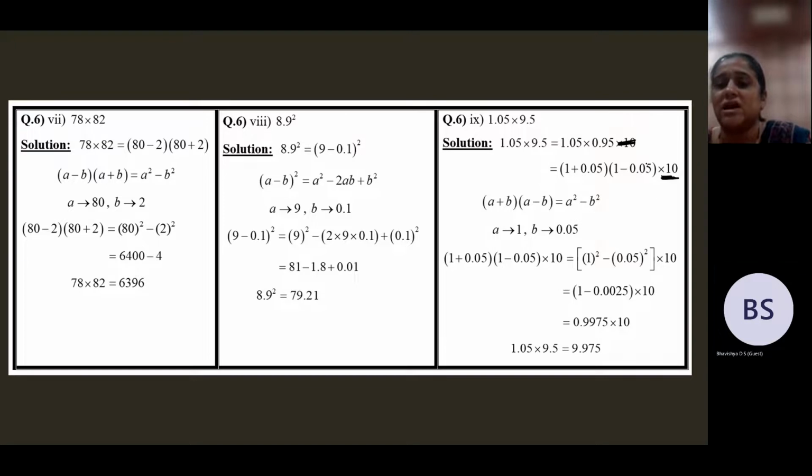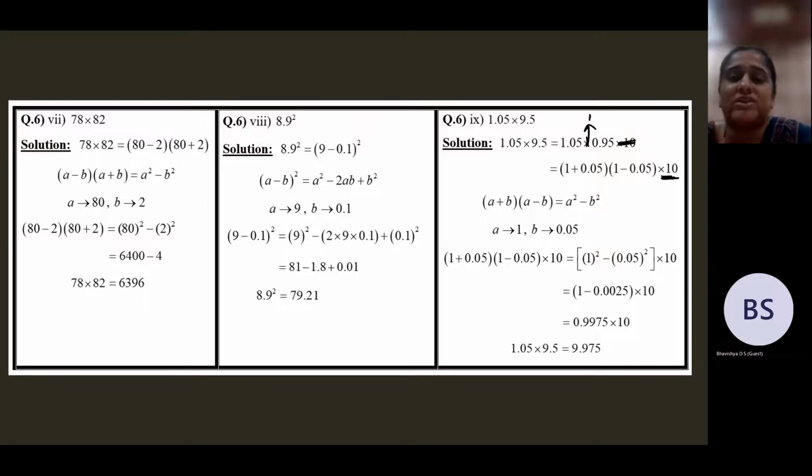See here, now what is between 1.05 and 0.95? 1 is between them. 1.05 is more than 1, and 0.95 is less than 1.